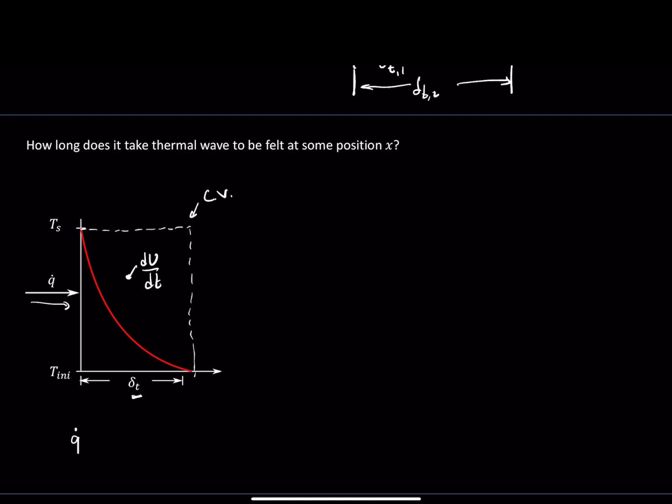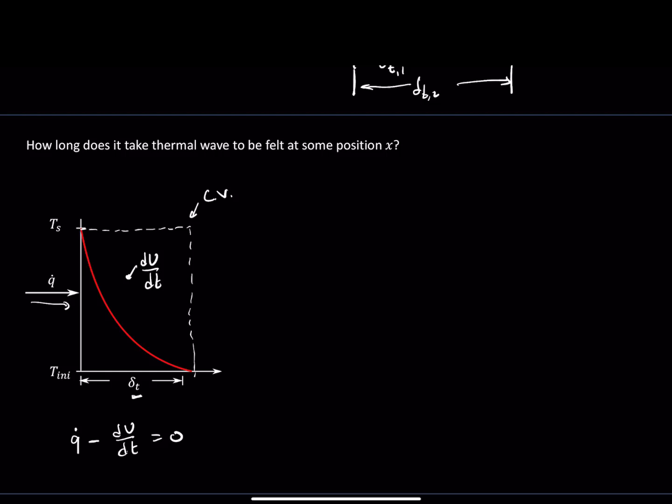So the thermal wave has not yet reached just past the edge of what I drew. Therefore, nothing can be leaving. So coming in is q dot, leaving is 0. There's no generation, but there is a stored term. So let's subtract off the stored term: q dot minus du dt equals 0.